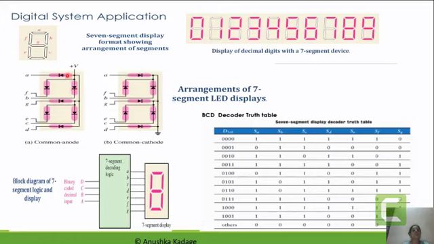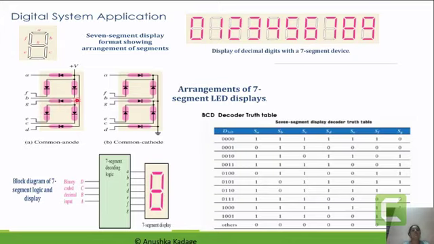So let's check here. For this A segment, this is your LED. For the LED, the anode will be connected to plus V. For B segment, again this is the LED, and again the anode is connected to 5 volt. Similarly, for this C segment, the anode is connected. For this E segment, the anode is connected.